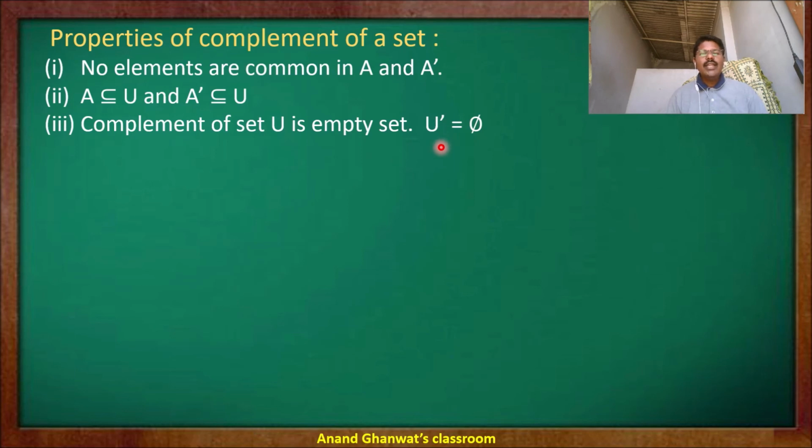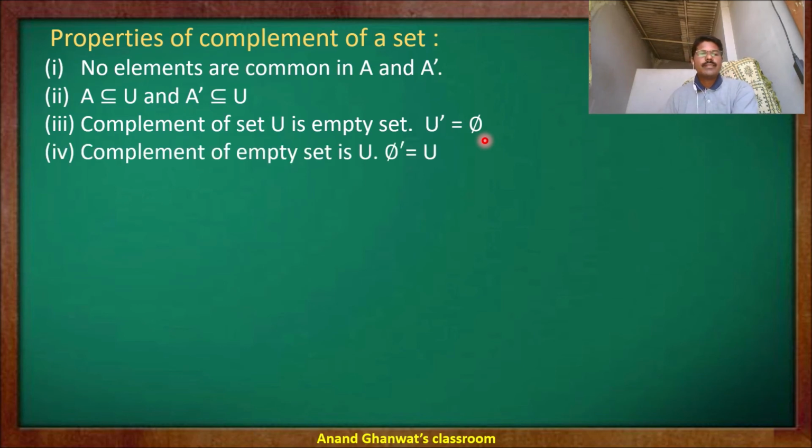Can you find any element which is present in the universal set and which is not present in the universal set? No, we cannot find any such element. Therefore, the complement of the universal set is always phi, meaning the null set, the empty set.